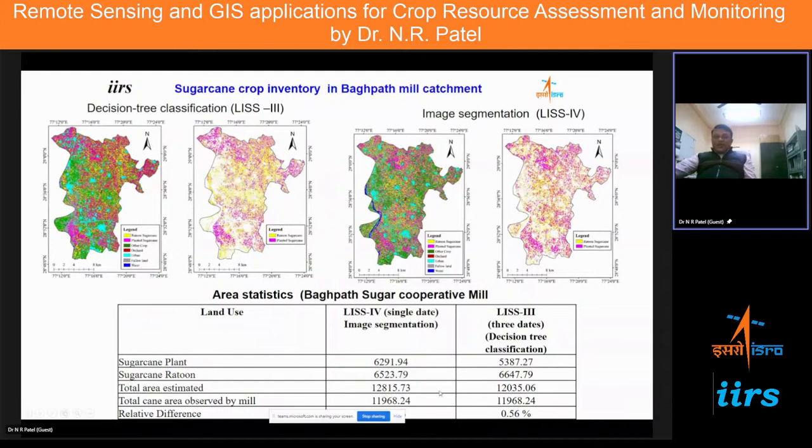We collected that GPS survey for the total cane area observed by the mill catchment, mill commissioner, and we estimated with satellite technology, both LISS-4 and LISS-3, with the decision tree classifier. Now you see LISS-3 has hardly less than 1% error, but in the case of LISS-4 it is a 7% error. That means if you have more dates, you can improve the classification accuracy even though the satellite resolution is a little bit poorer.